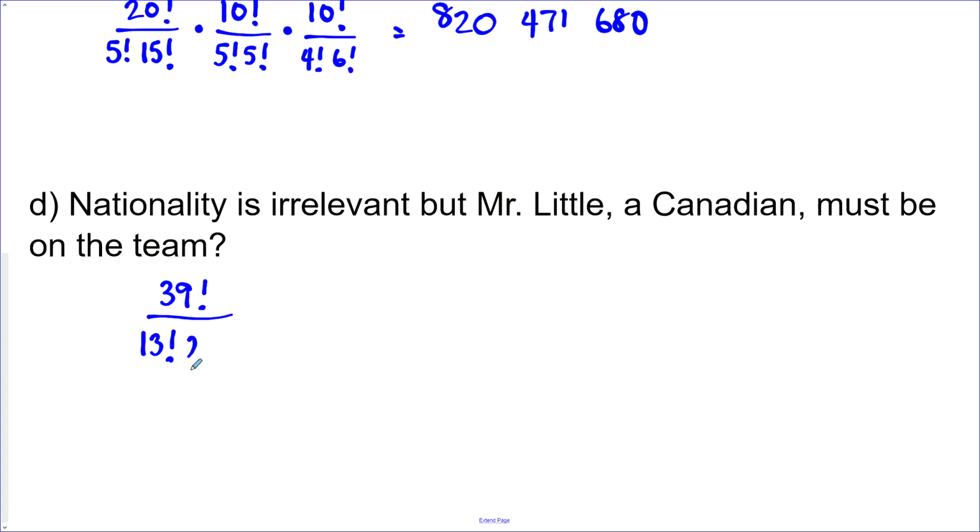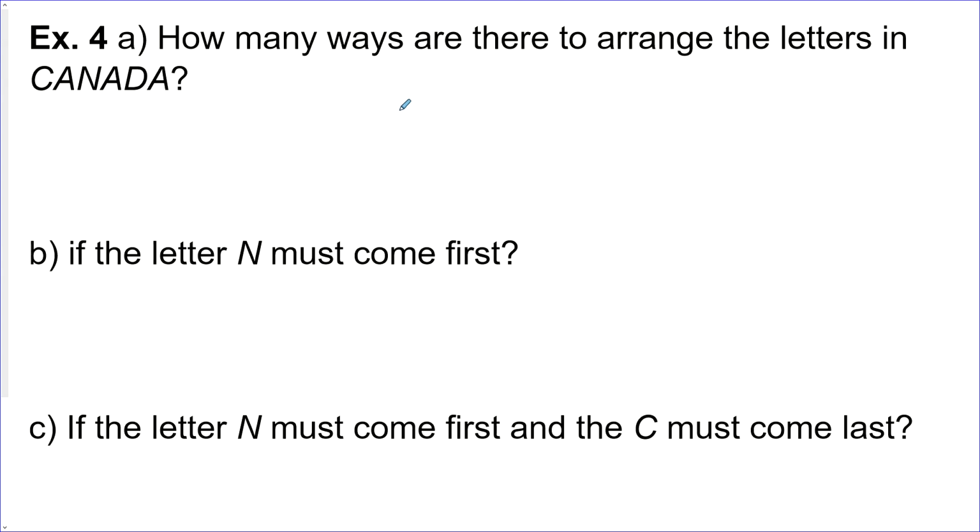And we're still leaving out 26 of them though. So I've taken myself out of this group and this group. And we get that this is 8,122,425,444.